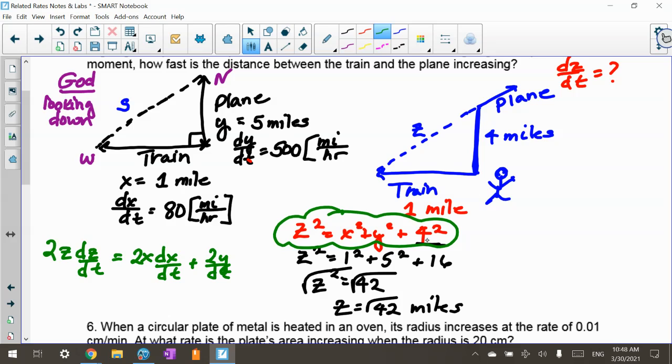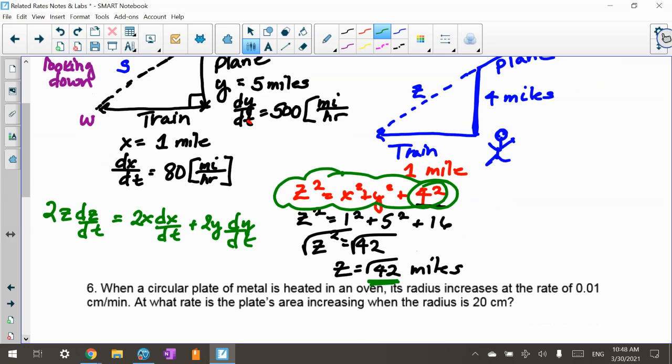And when I take the derivative of 4 squared, or 16, it's 0. So this third dimension helps with finding this radical 42, but when I take the derivative of a constant, it's 0, so it disappears. Now I'm going to get rid of all the 2's. So now I have z dz/dt equals x dx/dt plus y dy/dt.